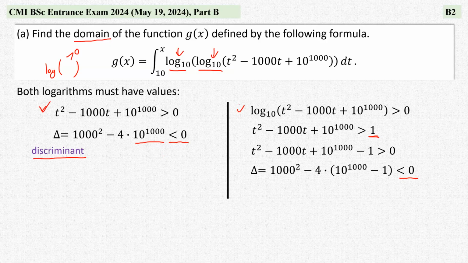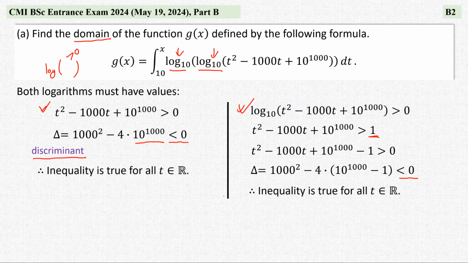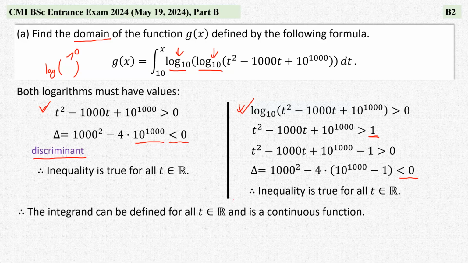This means that both functions on the left-hand sides are indeed always positive, so that both inequalities are true for all real numbers t. Therefore, the integrand can be defined for all real numbers t and forms a continuous function. Therefore, g of x can be defined for all real numbers x.